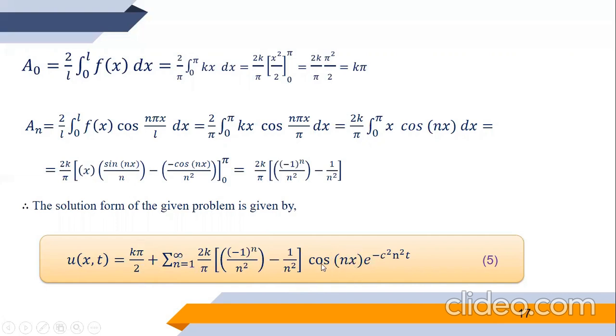So pi and pi cancel, so cos nx e raised to minus c square n square pi square by L square, and L is again pi, so pi square cancels, into t. So this is the solution of the given problem whose both ends are insulated, the length of the rod L is equal to pi, and the initial temperature distribution is kx.